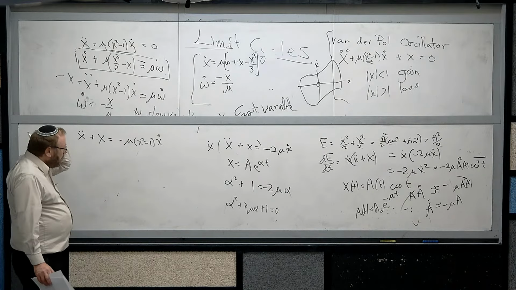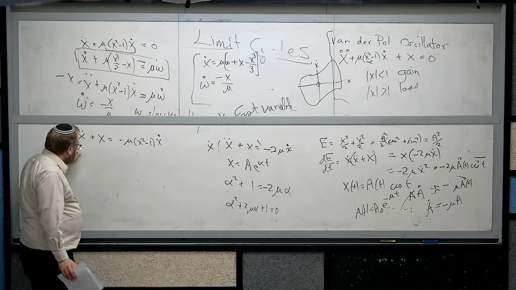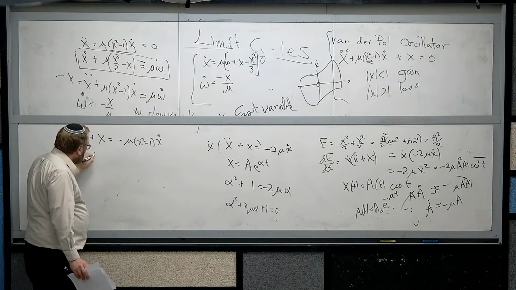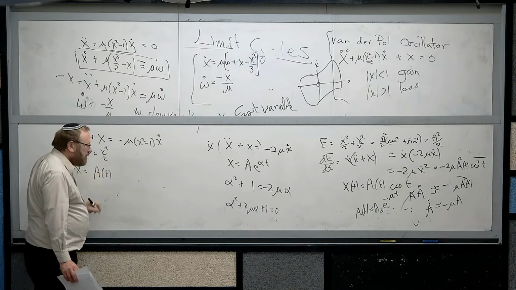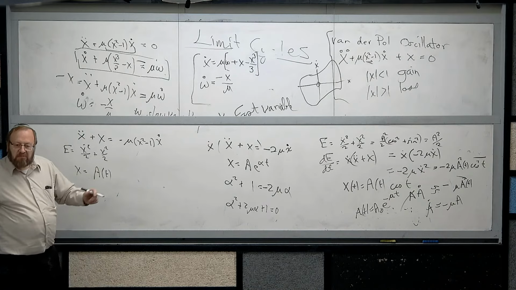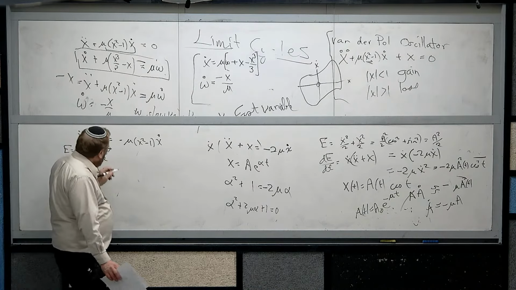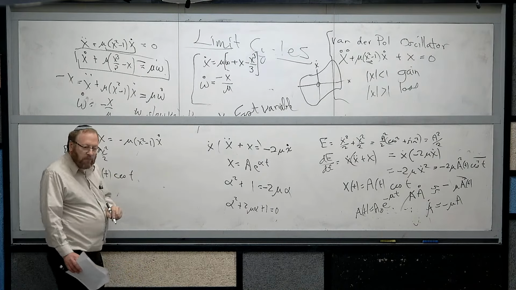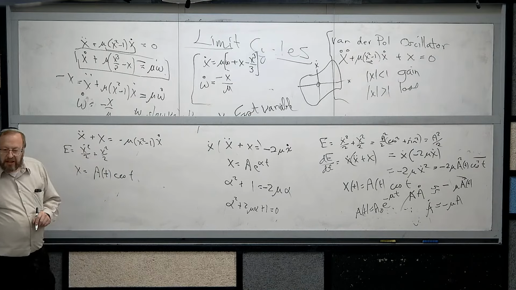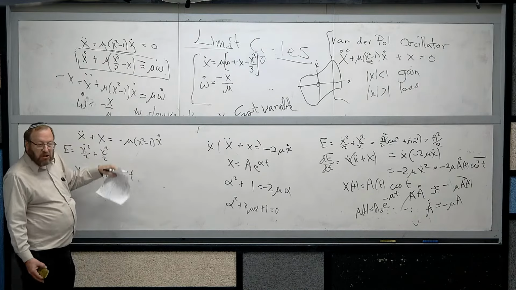And now, again, we're going to define the energy as x dot squared over 2 plus x squared over 2. We're writing x as a of t, which is some slowly changing amplitude in principle, times cosine t, an oscillation, because if it wasn't for this term, it would just be an oscillator.